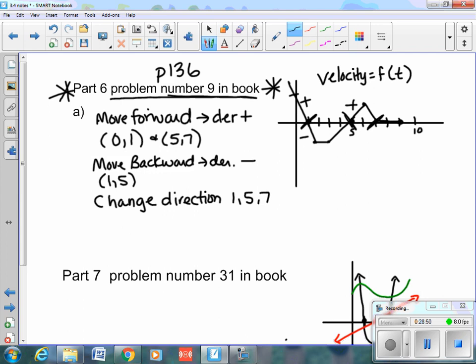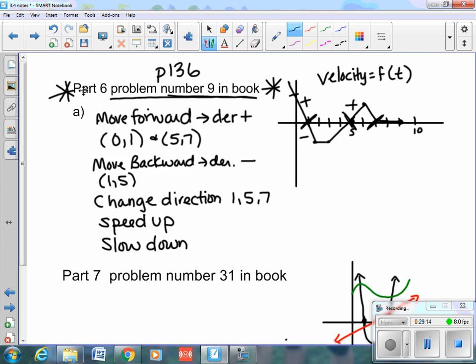What's the next question? When does it speed up? When does it slow down? So, you have to think of velocity. Are you guys thinking physics here? Velocity.